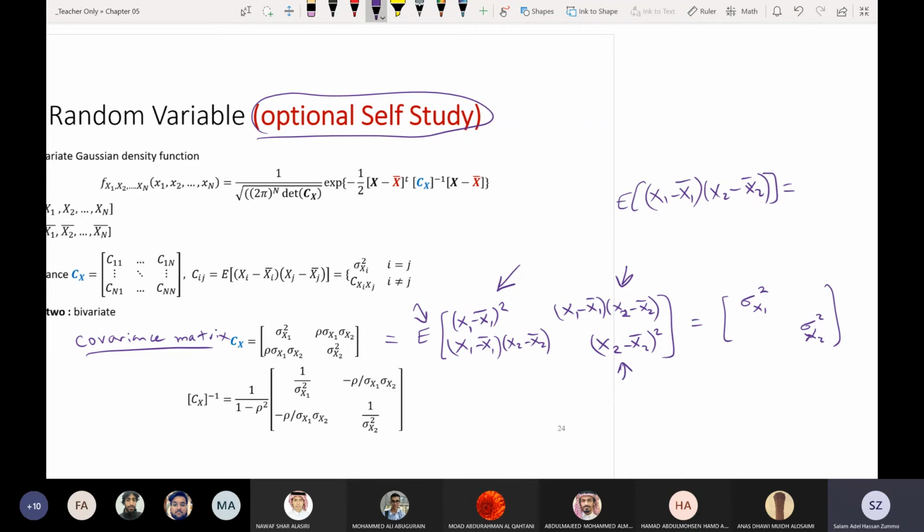Send me over the private chat. What is this? Over the private chat, send me this. What is the expected value of x1 minus x1 bar times x2 minus x2 bar? What did we call this? Send it either by name or symbol.